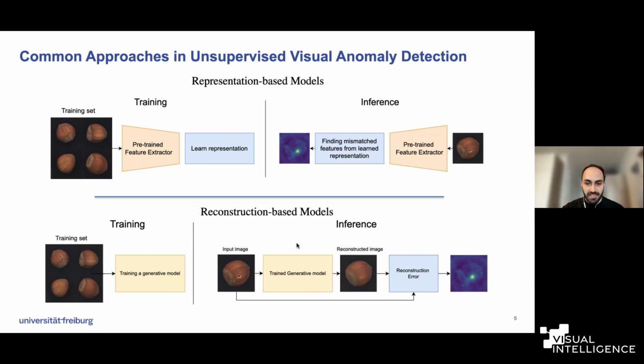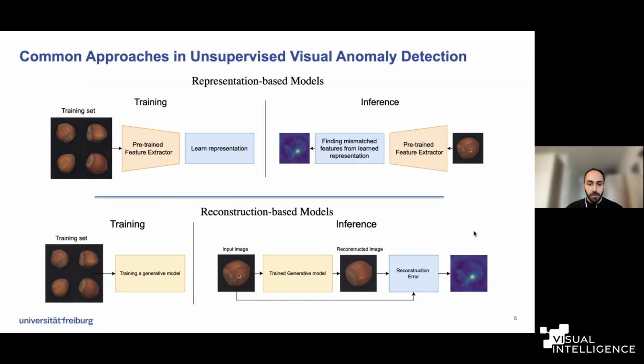The assumption is that as the generative model is not trained to generate this hole, it is unable to restore this hole in our reconstruction. Therefore, the reconstruction error is identified as an anomaly, like a heat map, with which you can locate and segment the anomalous part, and thus detect the object as an anomaly.